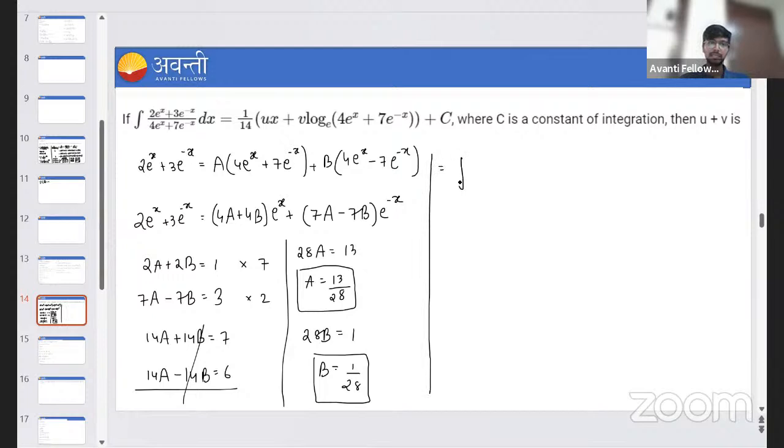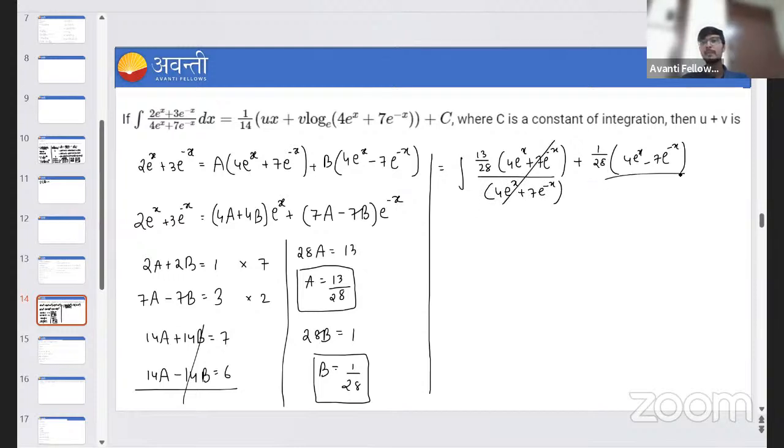So I can write integration of 13 by 28 times 4 e raised to x plus 7 e raised to minus x, plus 1 by 28 times 4 e raised to x minus 7 e raised to minus x. I'll split the denominator 4 e raised to x plus 7 e raised to minus x. So these both will get cancelled. Here also I can write 4 e raised to x plus 7 e raised to minus x.